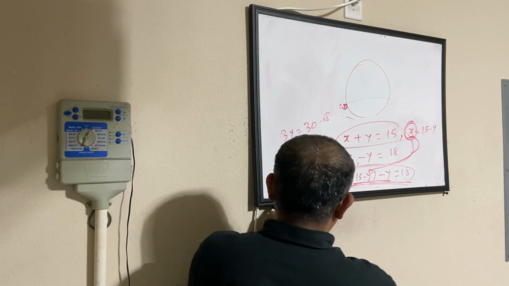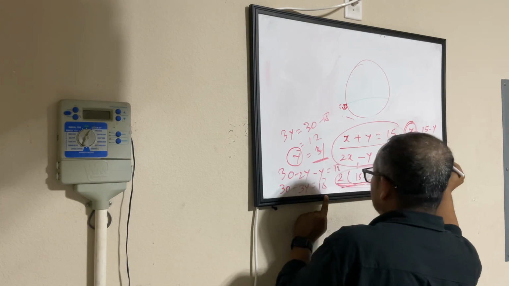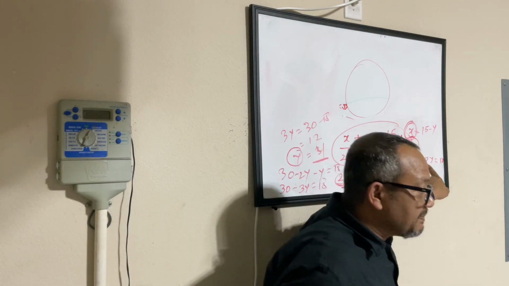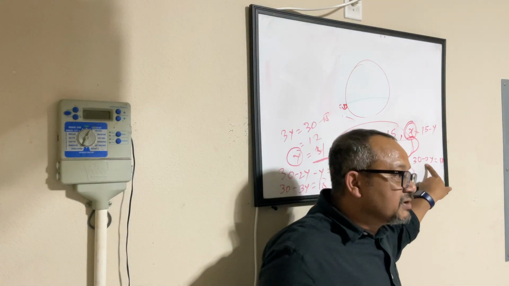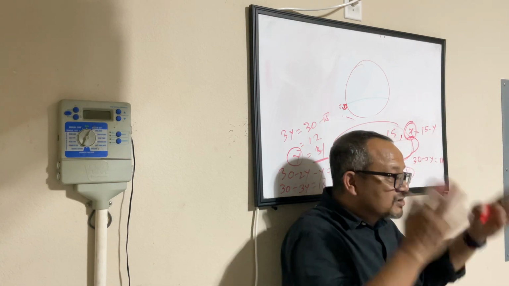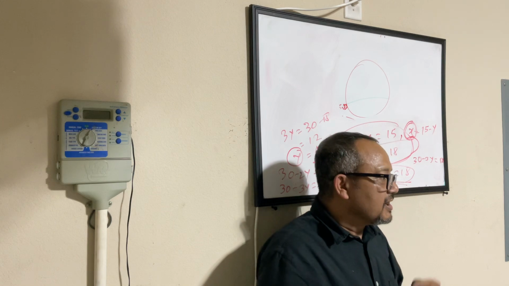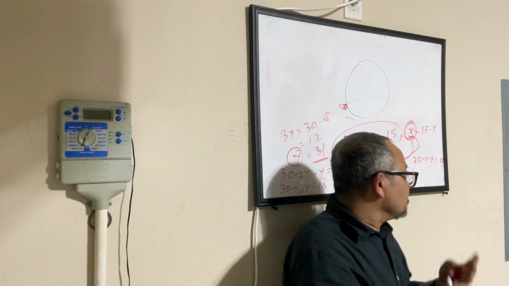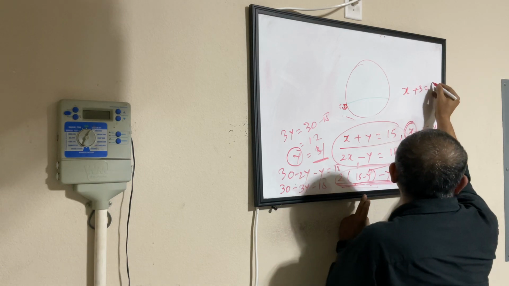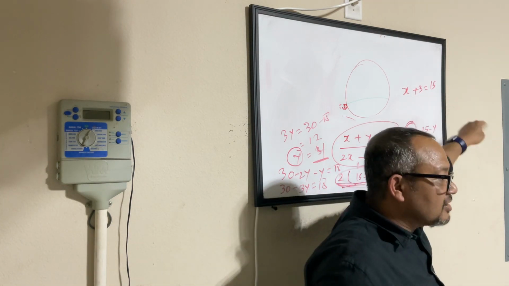Let me write this equation. This became 30 minus 3y equal to 18. After substitution, what happened? We transformed this into one equation with one variable. That is the most comfortable state when you are trying to solve for variables. Life is always very easy if somebody says you have to just subtract the constant.